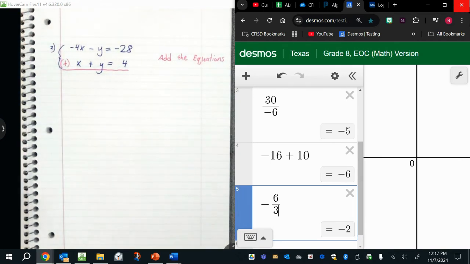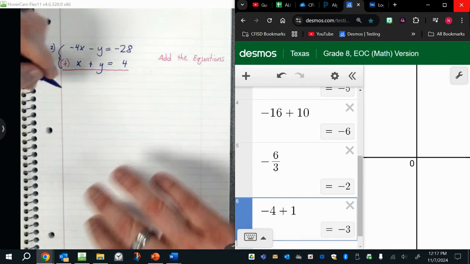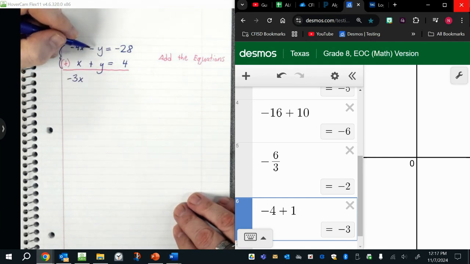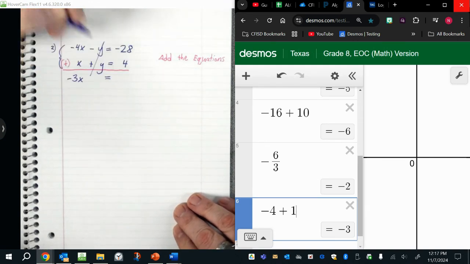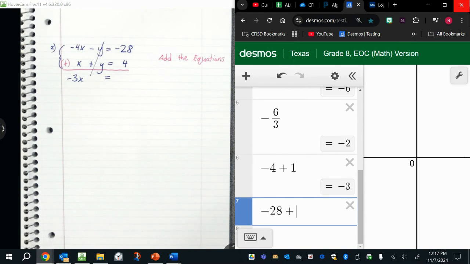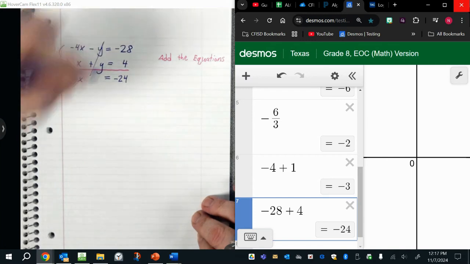Negative 4 plus 1 is negative 3. Attach an x. Negative 1 plus 1 eliminates. And negative 28 plus 4 is negative 24.